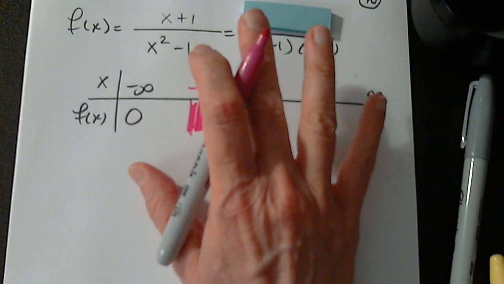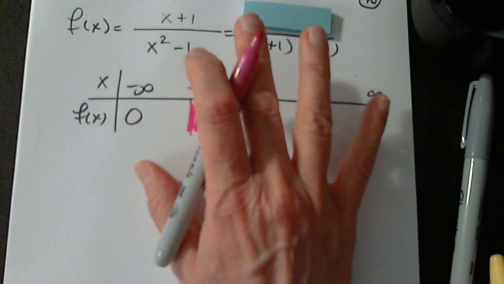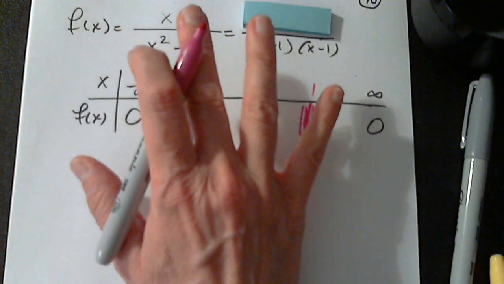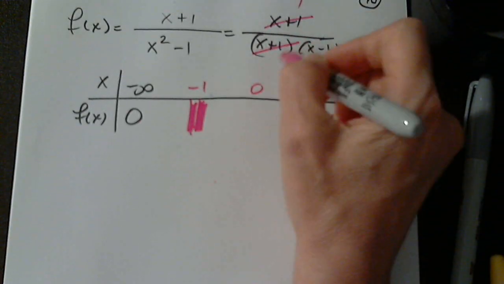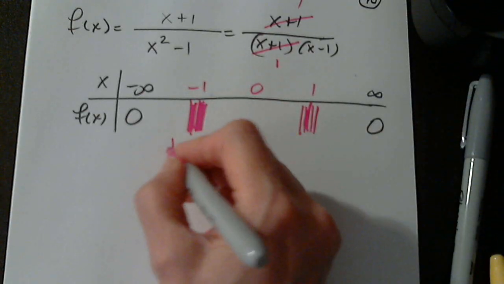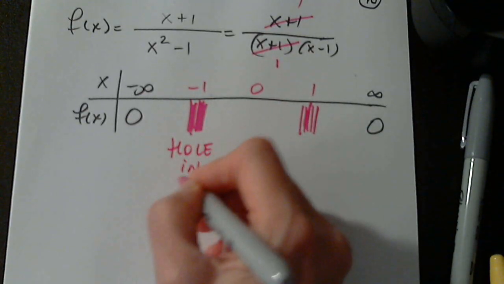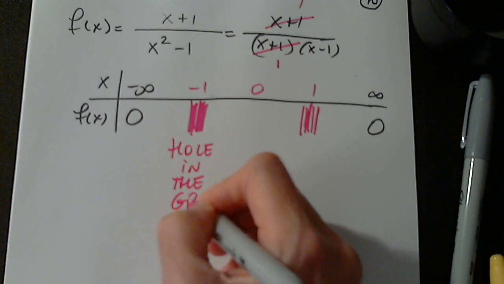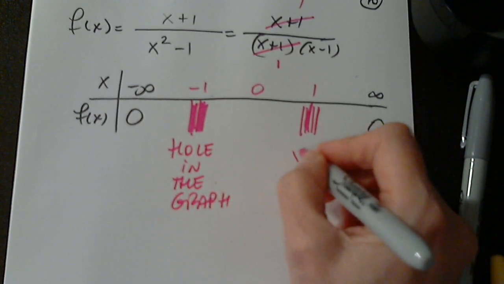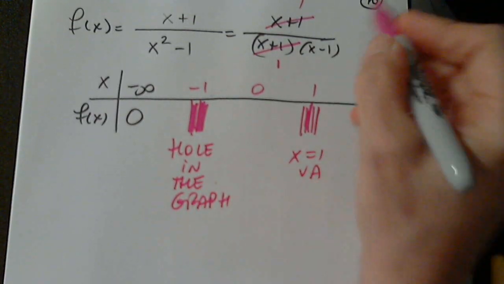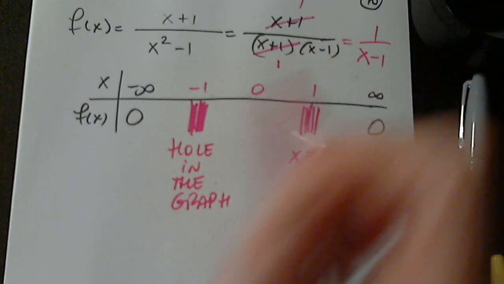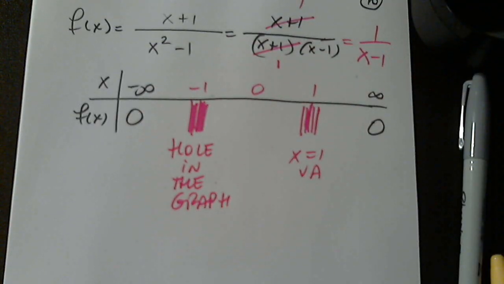Notice that I don't jump ahead and write the vertical asymptote yet for this function. Here's why. So what was different from before?